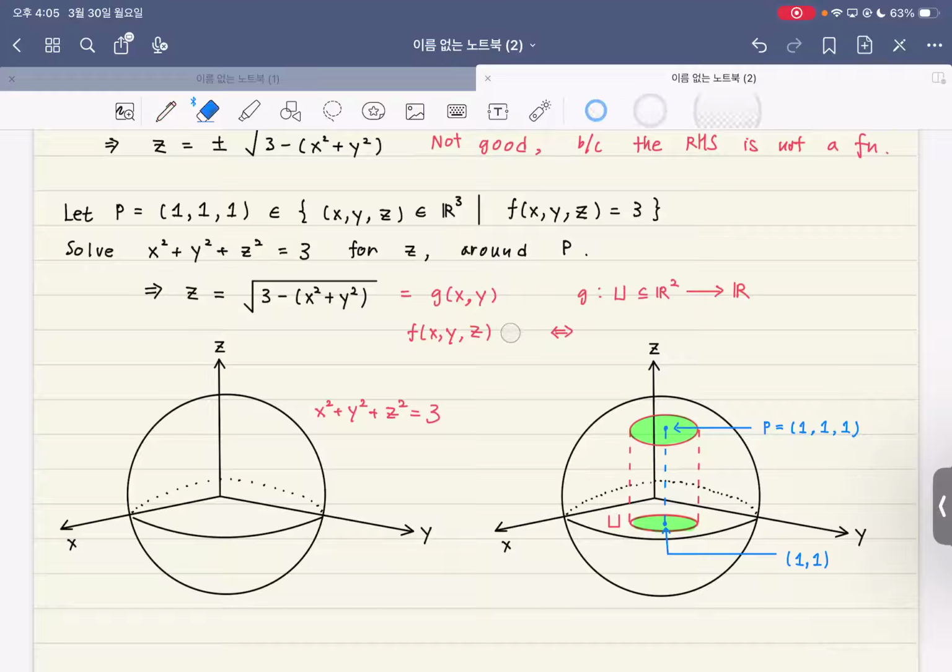But replacing the z coordinate by the function g is the same as f(x, y, g(x, y)). Okay, so this is what I mean by solving any given equation for z.